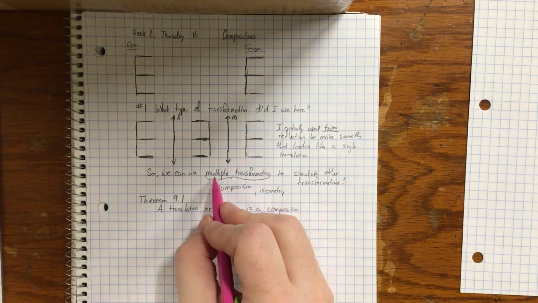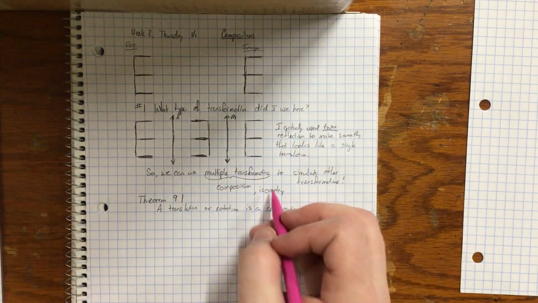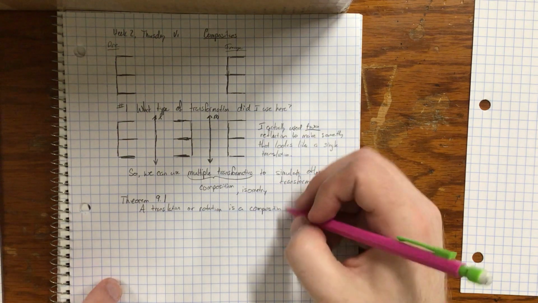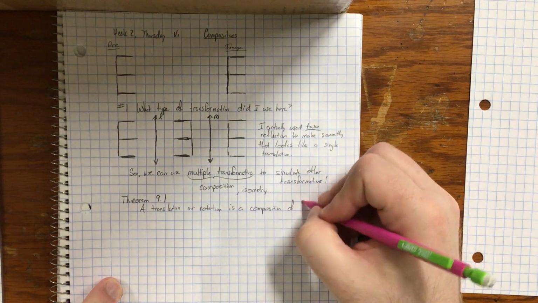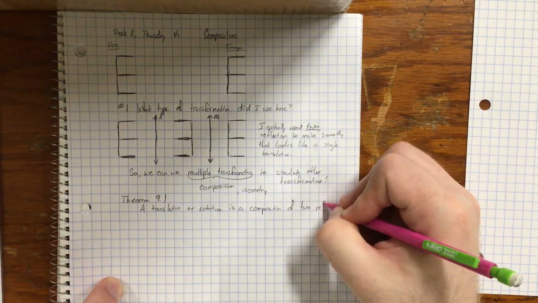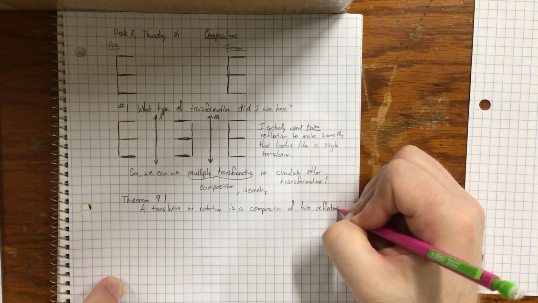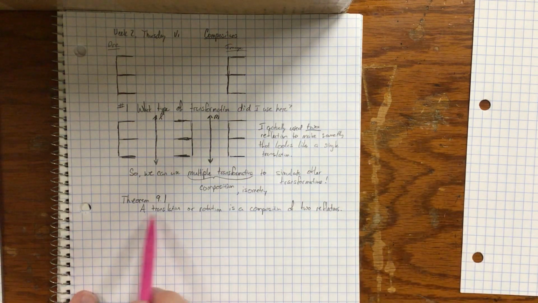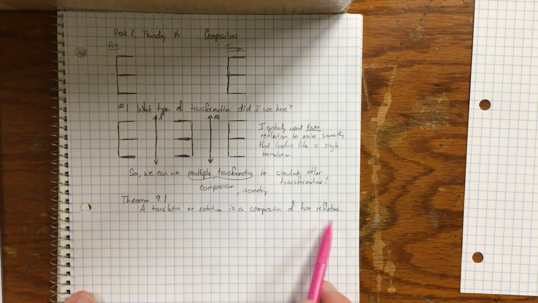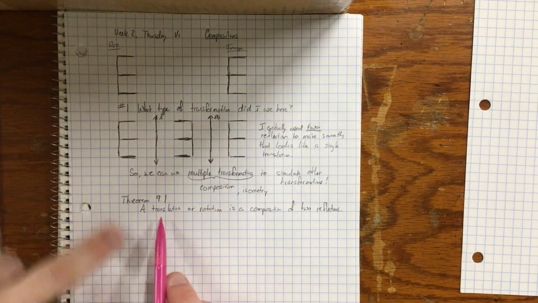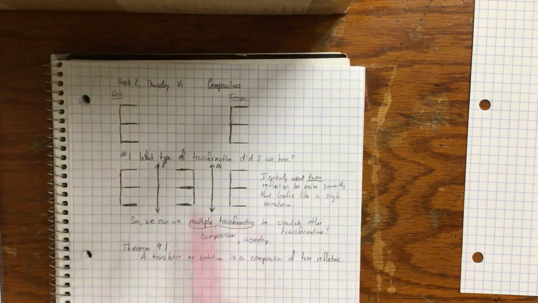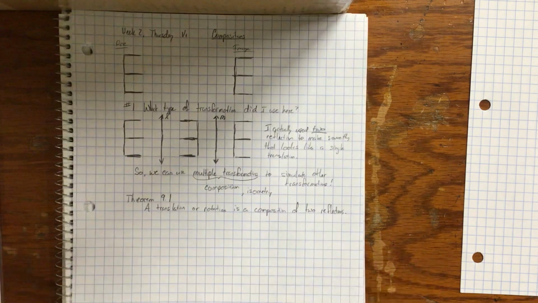In this sense, it's talking about multiple transformations, not an isometry, of two reflections. So in other words, you can pretty much take any two reflections and come up with a translation like I did here, or come up with a rotation.